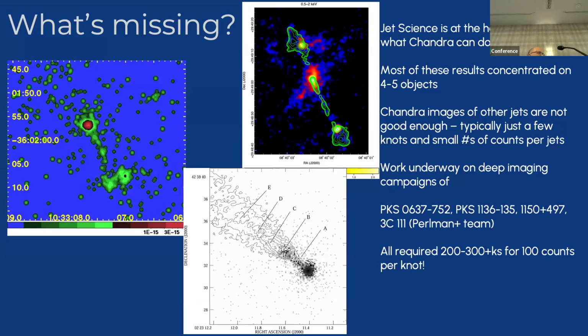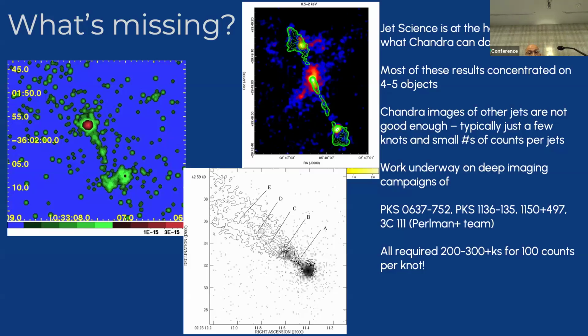And you can see that, yeah, we detect the jet. We see that there are knots, but it's not that good. We typically only have of order 5, maybe 10, maybe 20 counts in a knot. We don't see emission between the knots. We can't do any spectral analysis with this.